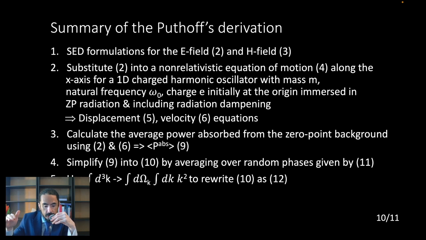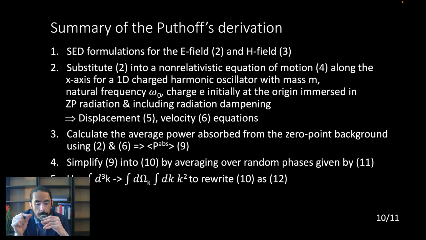Next, using these, we calculate the average power absorbed from the zero-point background. We do this using the previously obtained velocity equation, and we again use the stochastic electrodynamic electric field relation. So we take equation 2 and equation 6, and we combine them. That's how we calculate the average power absorbed from the zero-point background.